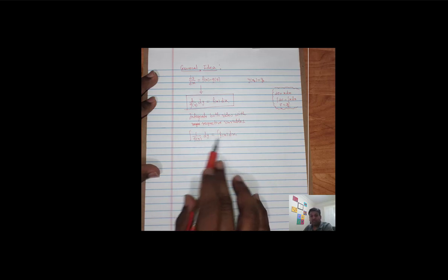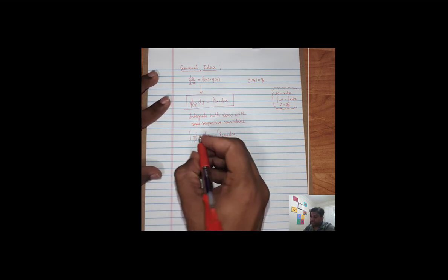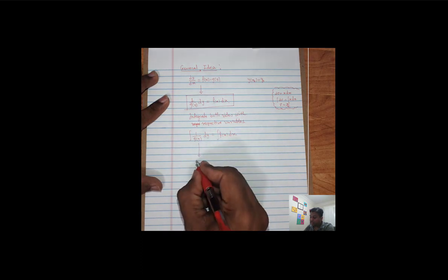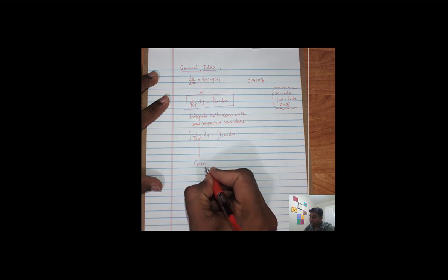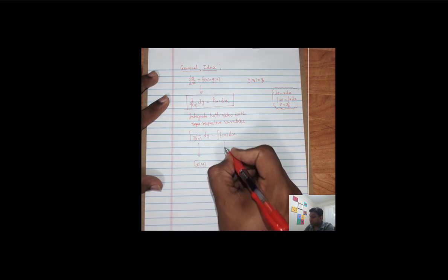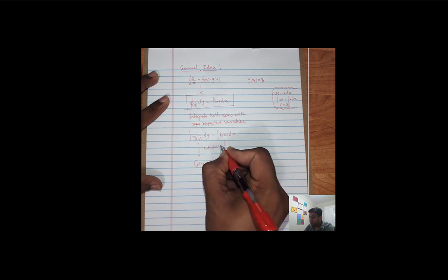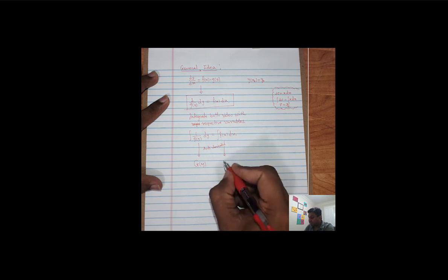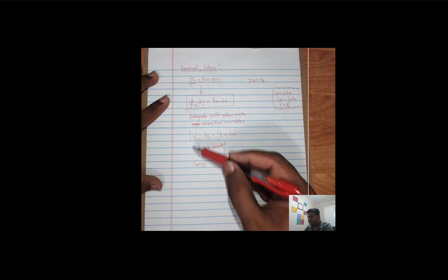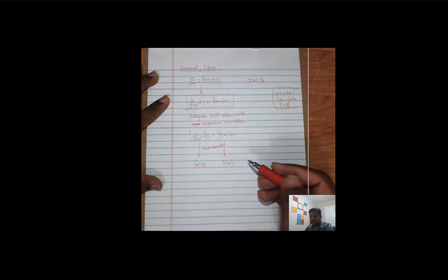Suppose we can integrate both of these sides using existing integration techniques, and let's say the antiderivative of 1 over g of y is capital G of y, and the antiderivative of f of x is capital F of x.